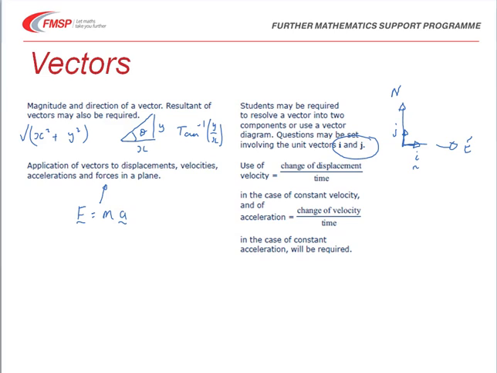Other things that you might need are change in displacement divided by time for velocity, and change in velocity over time for acceleration. All of these are covered in other parts of the specification. Here we're just looking at them specifically in terms of using vectors. Alright, having said that, we'll look at one or two questions which hopefully will illustrate these points.